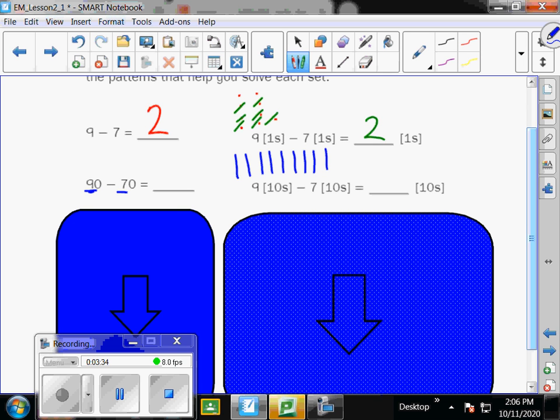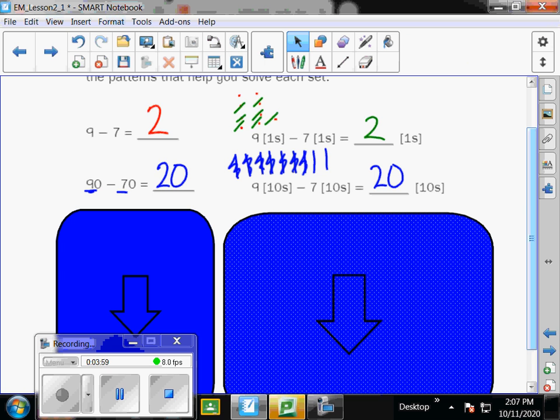And if I want to subtract 7 tens, I'm going to subtract 1, 2, 3, 4, 5, 6, 7. And now I have 2 tens left. And what is 2 tens but 20? Okay, so 90 minus 70 is 20. So all the numbers are staying the same. It's just we added a 0 on the end because we were talking about tens instead of ones.